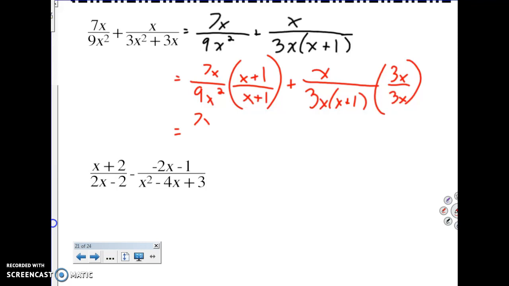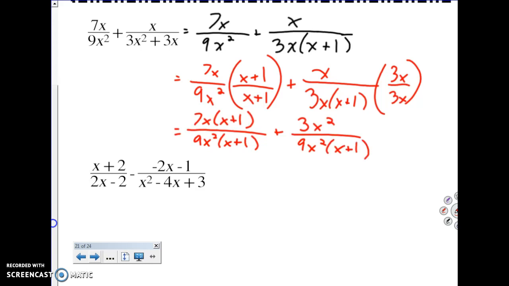That'll get me this. And once I have this, I have a common denominator, so I can add the numerators together, and I should be good to go.